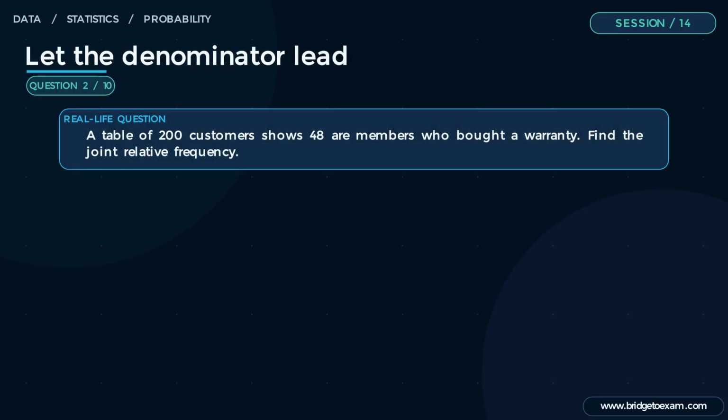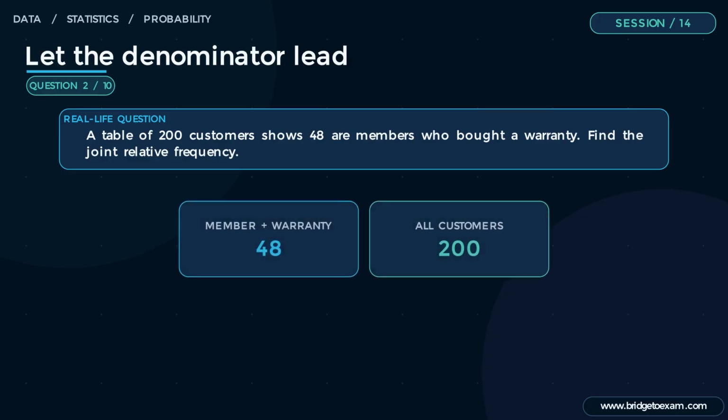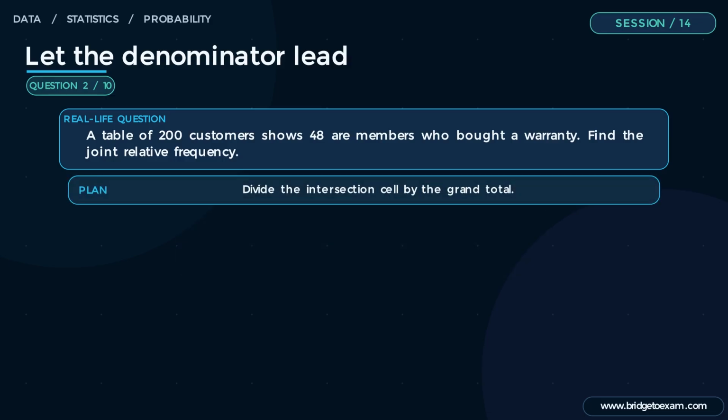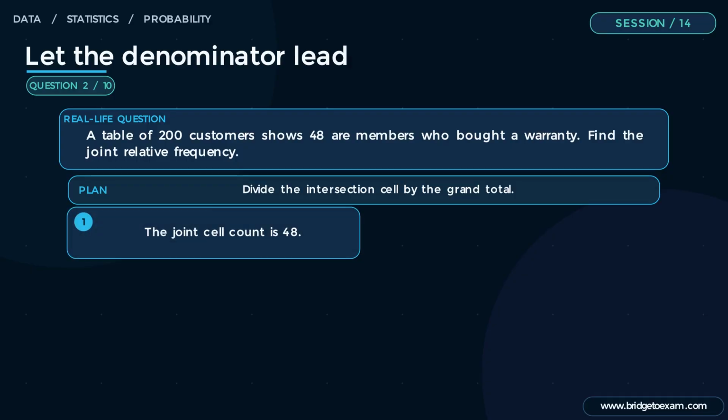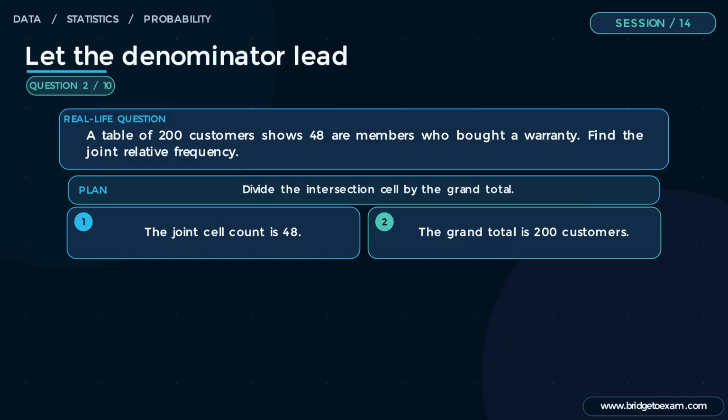Example 2. A table of 200 customers shows 48 are members who bought a warranty. Find the joint relative frequency. The key quantities are organized before the arithmetic begins. Plan. Divide the intersection cell by the grand total. Step 1. The joint cell count is 48. Step 2. The grand total is 200 customers.